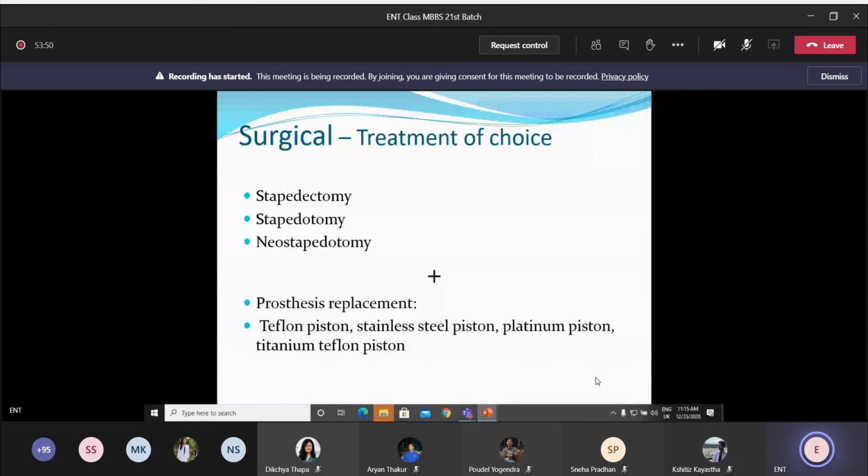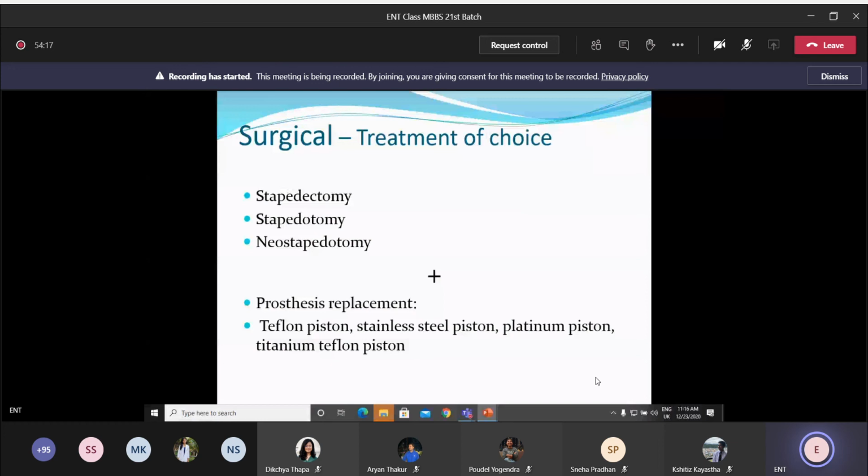Surgical treatments, there are various surgeries. One is stapedectomy, another is stapedotomy, and the third is neostapedotomy. Okay, so what is stapedectomy? That means you have to remove part of the stapes footplate. Stapedotomy means you make a hole, okay, you drill a hole. There are fine burrs that are used for this surgery.